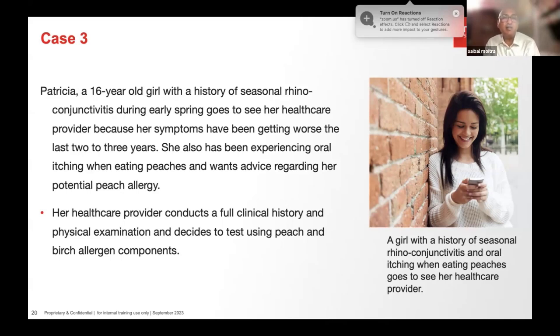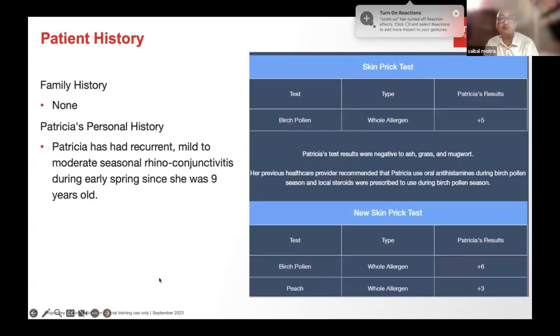A healthcare provider conducts a full clinical history and physical examination and decides to test using peach and birch allergen components. So birch is again positive. Patricia's test results were negative to ash, grass, and mugwort. So like we know that this is the weed and this is the grass and these pollens.